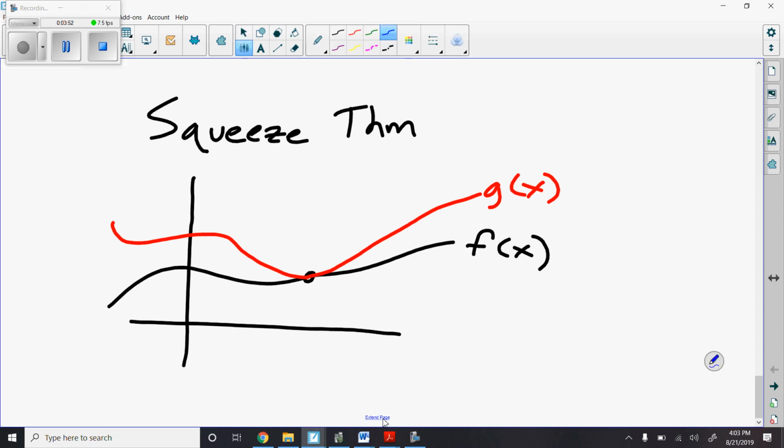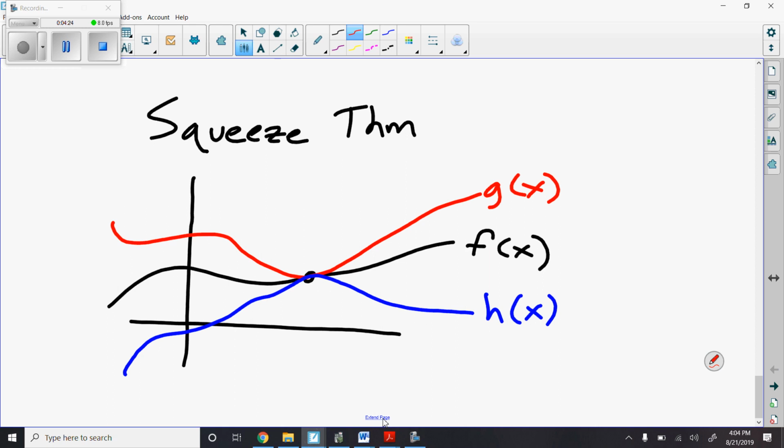And blue is h of x. Okay, so what you notice here is that f of x has a value that's always squeezed in between g and h. Sometimes this is called the sandwich theorem. So f of x is always in between g of x and h of x.